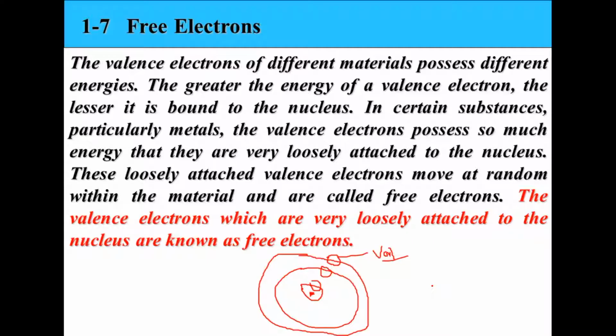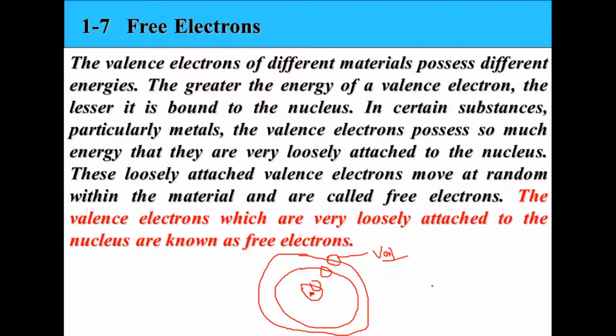Having such a scenario, they have the capability to move at random within the material. That's why they are called free electrons. They are free to move at random within the material because they are not attached, being so far away from the nucleus.